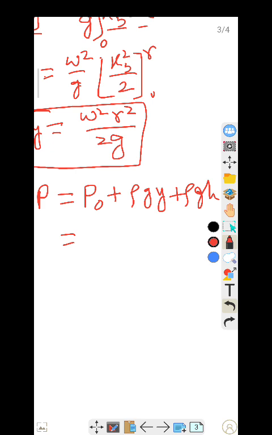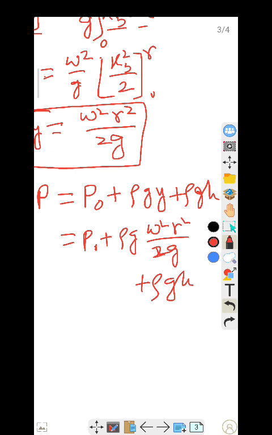So P naught plus rho g, and we put the value of y here, omega square r square divided by 2g, plus rho gh.